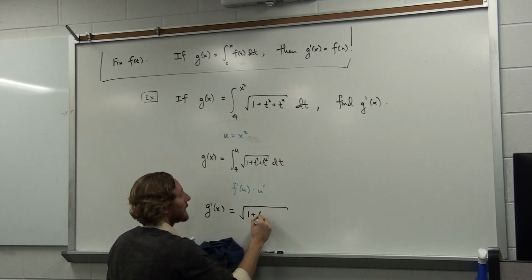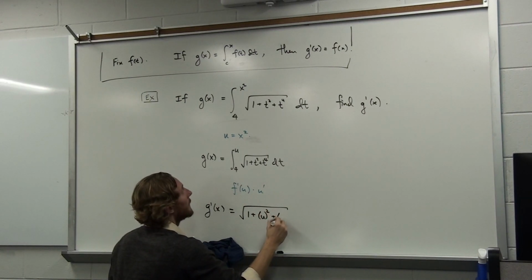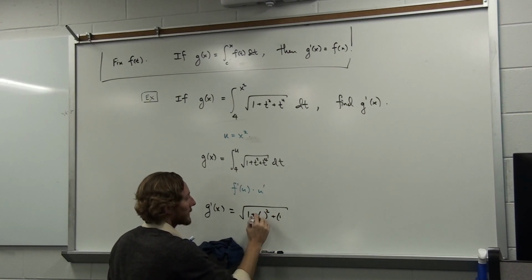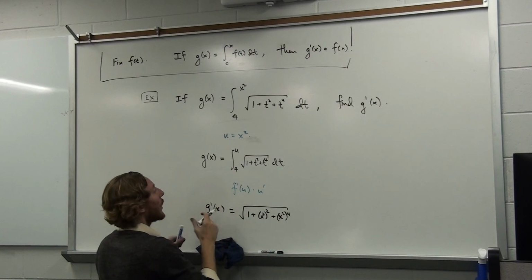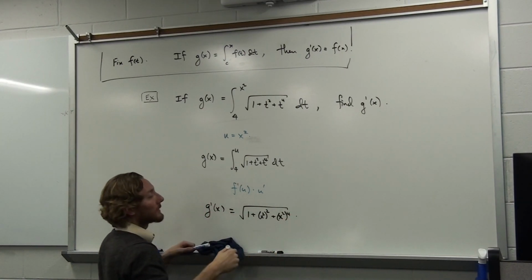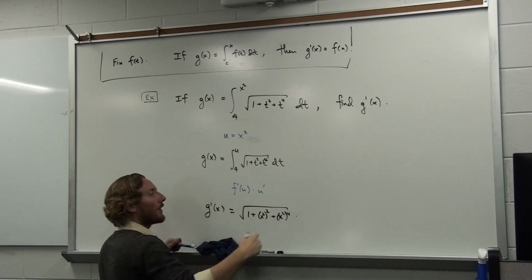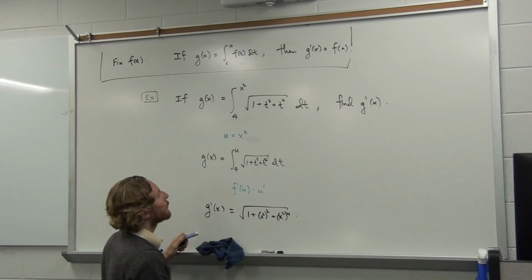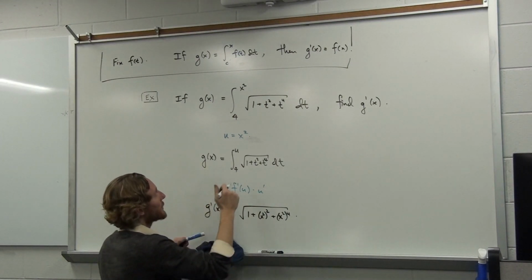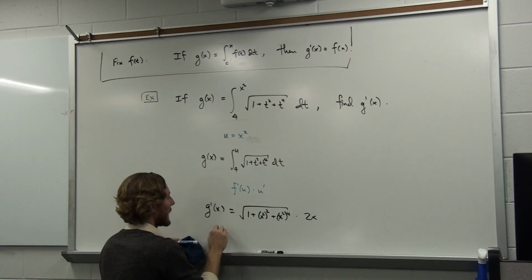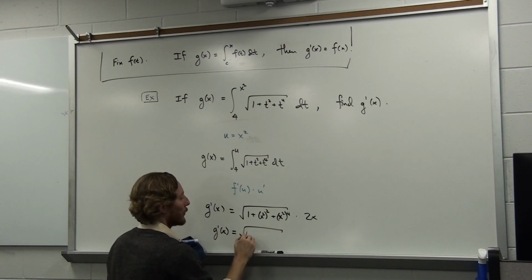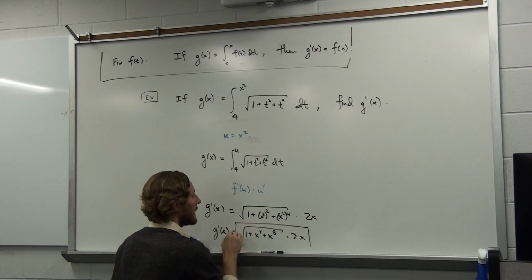So that's the square root of 1 plus u squared plus u to the 4th, and u is x squared: 1 plus x squared squared plus x squared to the 4th. But that is just f prime of u, so now we also have to tack on a u prime. And what is u prime? U prime is the derivative of u, that's just 2x. And long story short, when we simplify this out, we get the square root of 1 plus x to the 4th plus x to the 8th, times 2x.